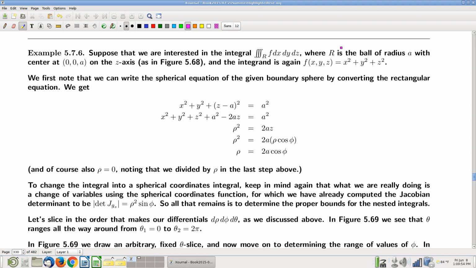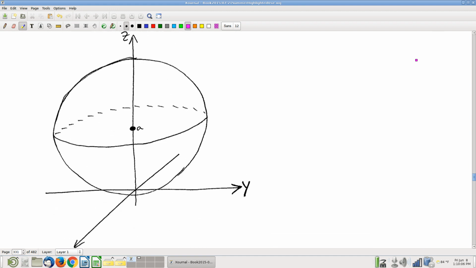Our domain is a ball of radius A, centered not at the origin, but centered at 0, 0, A on the z-axis. So our domain is this. Again, you could do this in rectangular coordinates, but there's going to be a massive pain doing this in rectangular coordinates. So let's not. Square roots everywhere. Nobody wants that.